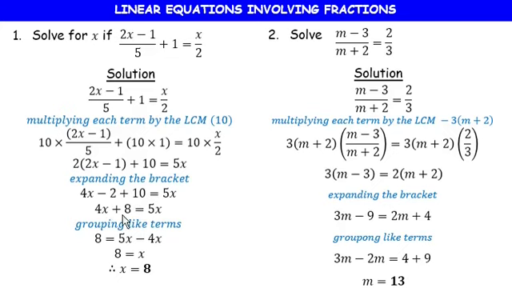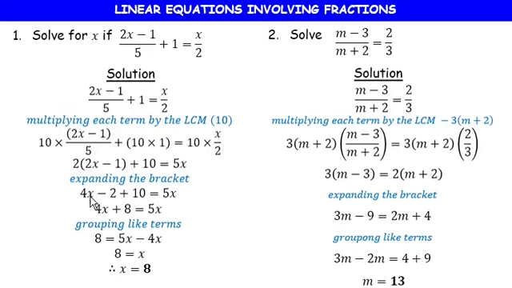But before that, we solve this one. 4x minus 2 plus 10, so negative 2 plus 10 will give you positive 8. So we are going to have 4x plus 8 is equal to 5x.